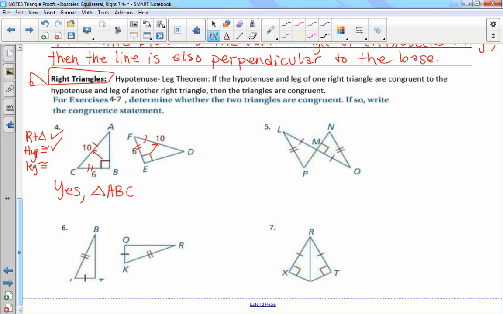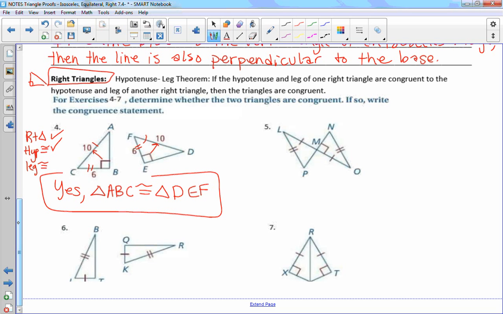Kevin, not a triangle. Okay, it is congruent. This is our congruency statement for a triangle. Now the other one has to be in the right order. Which angle actually corresponds to A? D. Can you visualize turning this? D is the right angle, so what's the right angle over here? E, and then S. That's the triangle congruency statement.